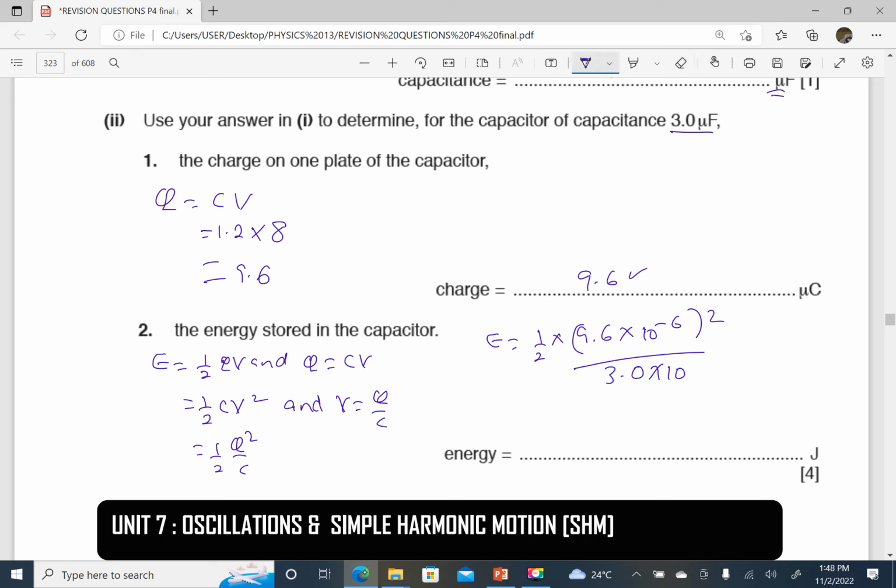No, negative 6. Okay. So I press my calculator.